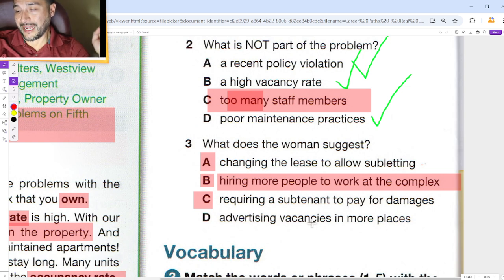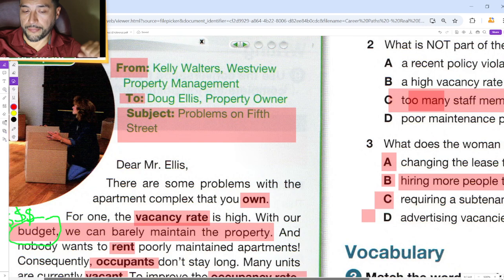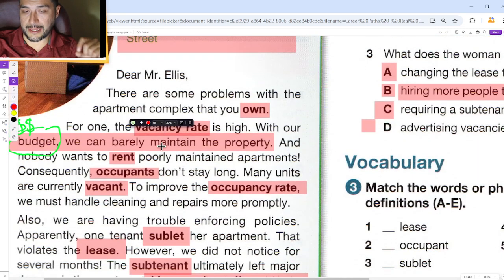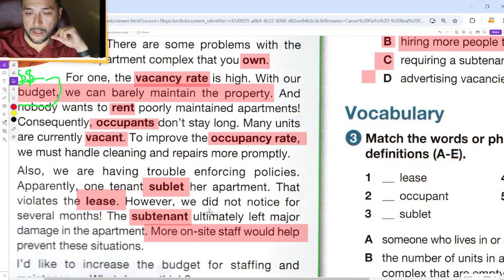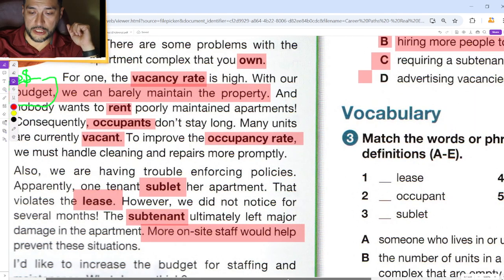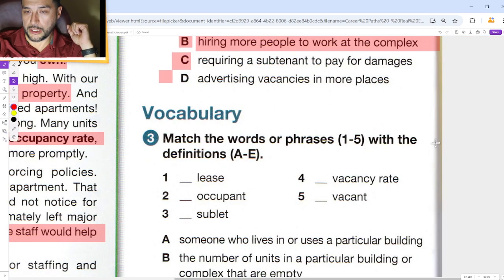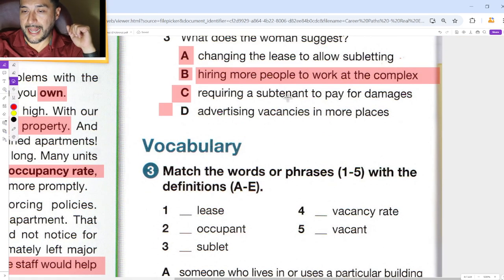No, that's the violation. We don't want subtenants. Advertising. Mm, I don't think she said anything about advertising. No, she said we need to handle cleaning and repairs. So she suggests hiring more people, more staff.